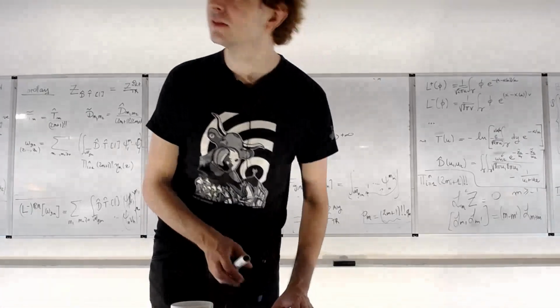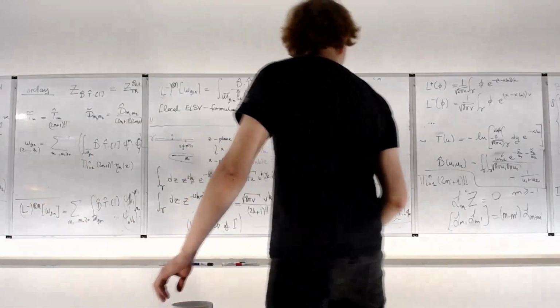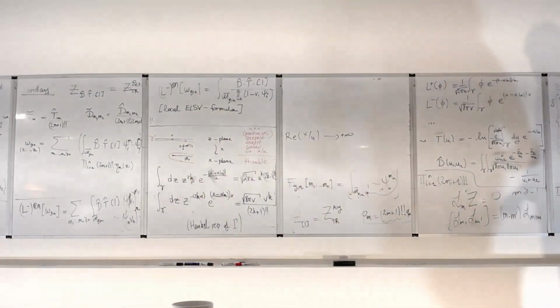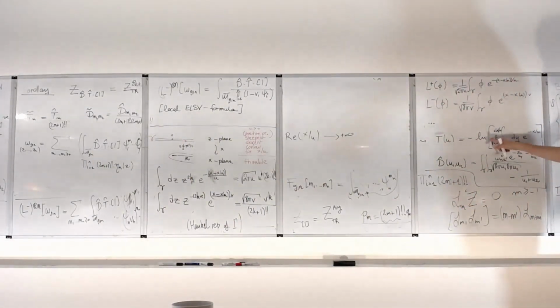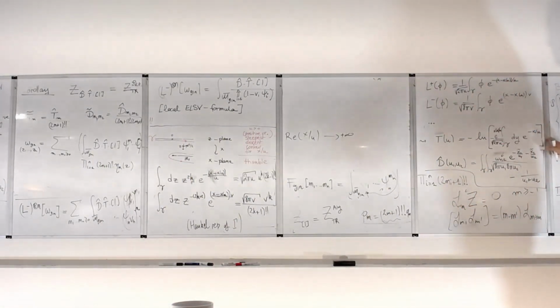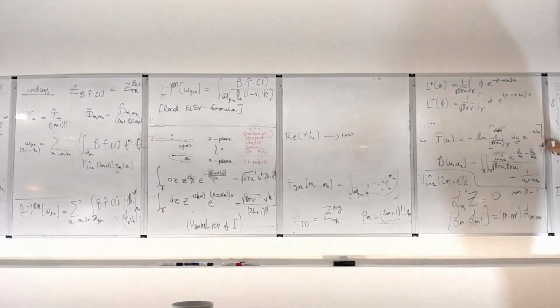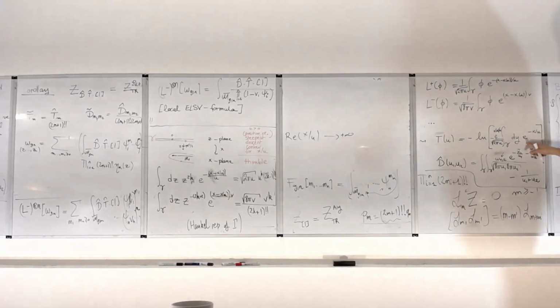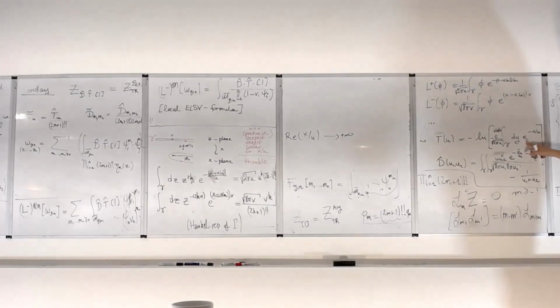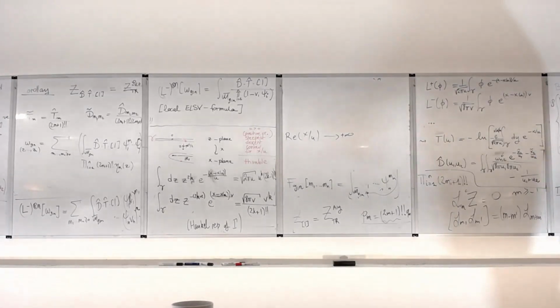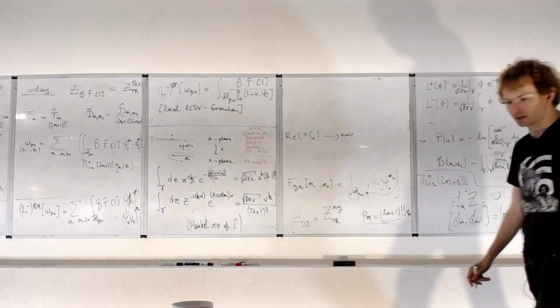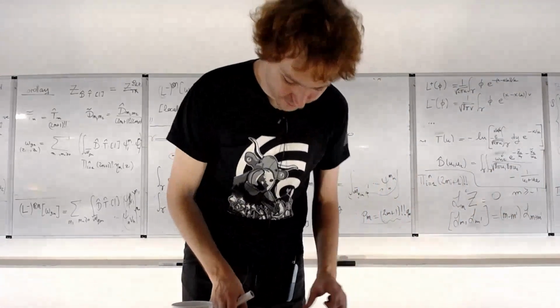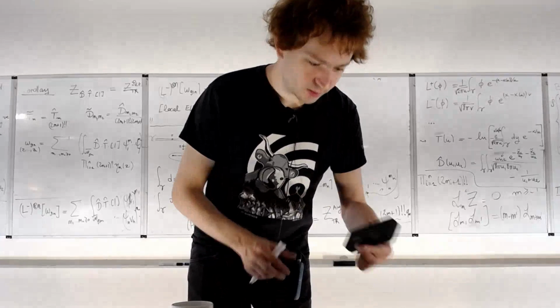So T you can just write it as minus the logarithm of L plus of dy. Minus the log of minus this integral, which is L plus of dy, yes.